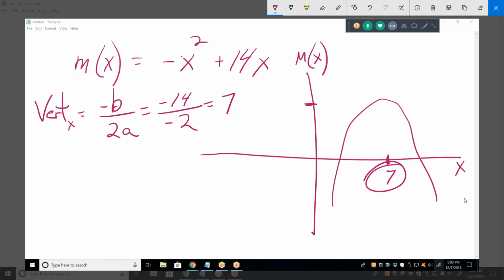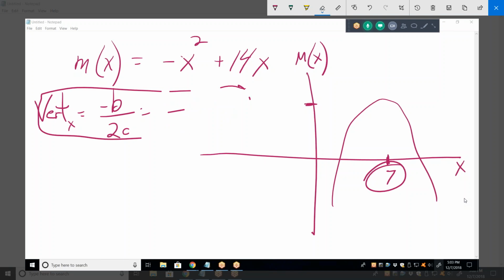In other words, what if there was a second part to that question, and they said, how many mosquitoes will it produce? What would you do? Just do it the exact same way. No, this produces the x coordinate only. Well, how would you?